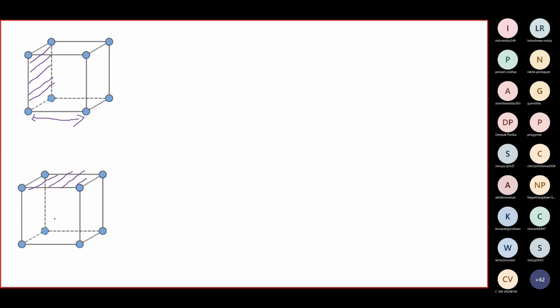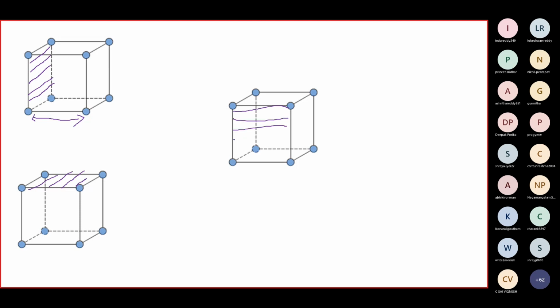Go on repeating, you will get the same crystal structure. Here, let's take this plane. Go on repeating, you will get the same crystal structure. So the same cube has been defined by using different planes.